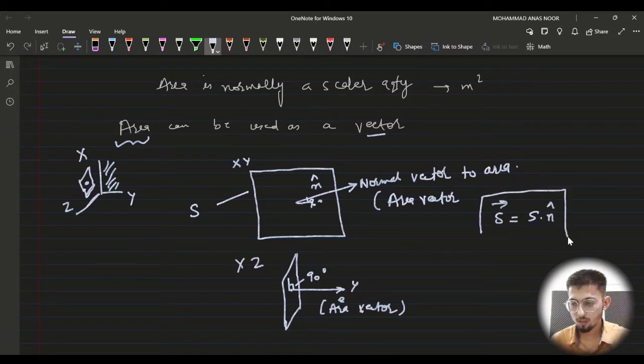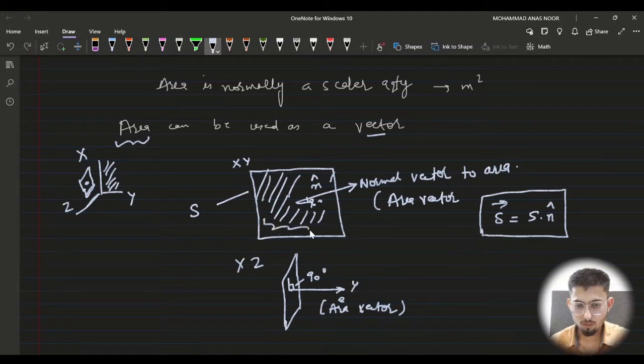Remember, this area vector is normal to the area. So you should remember it: the area vector to a plane is normal to it, at an angle of 90 degrees.